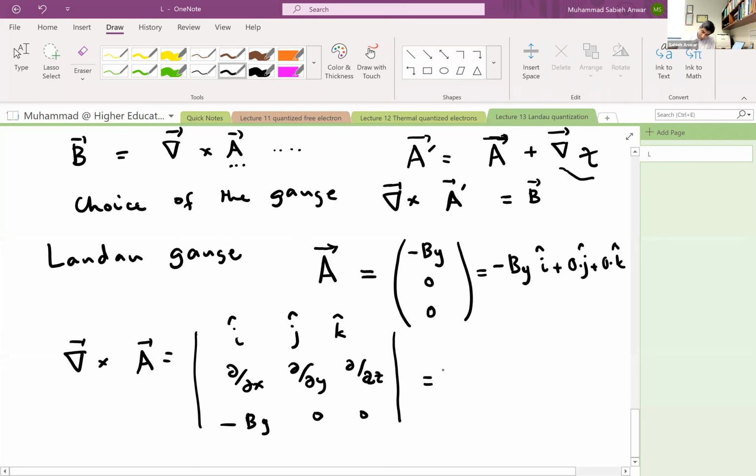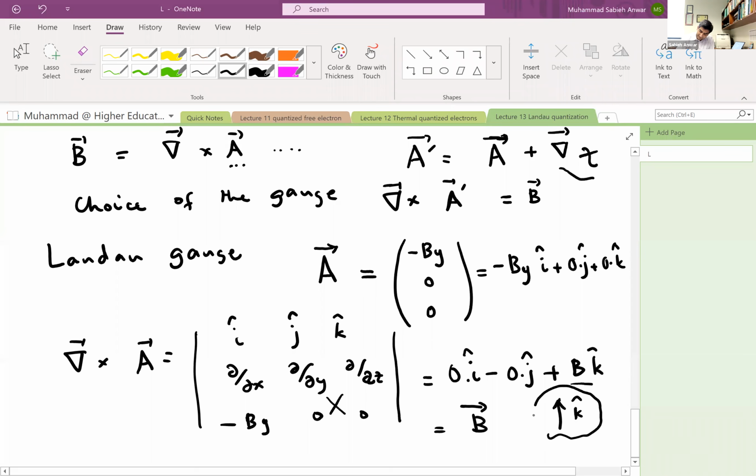So this gives me 0 i minus 0 j plus Bk, and this indeed is my magnetic field, right? So a magnetic field B pointing along the k direction, that is indeed my magnetic field. Remember that here k is the unit vector along the z direction.